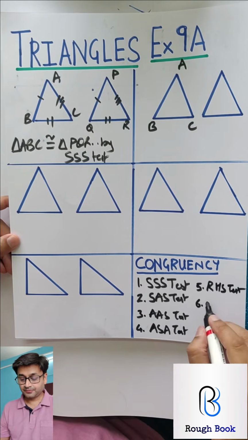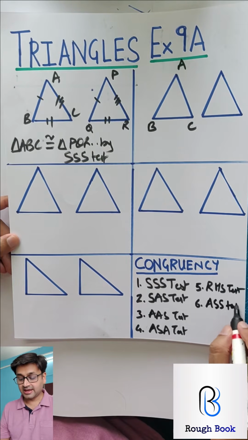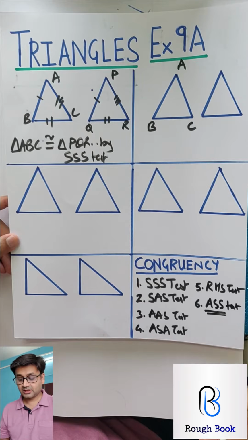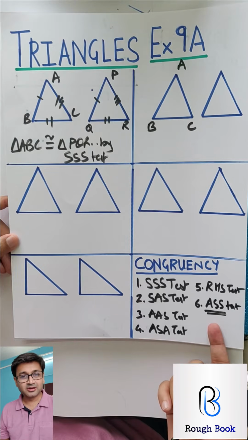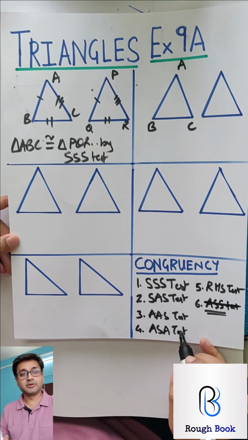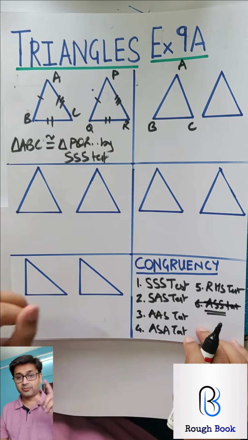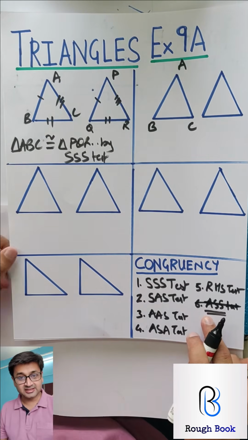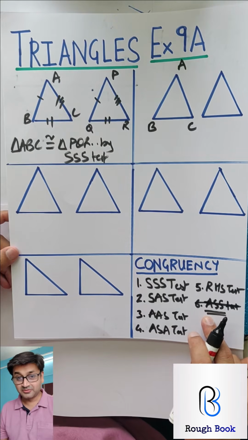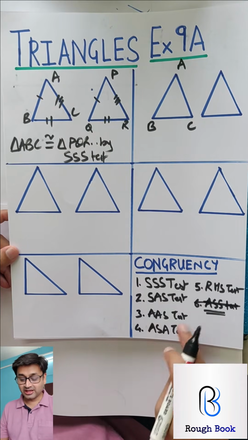And the sixth one is ASS, 2 sides and 1 angle. The name itself looks a little bit weird, right? This test is not applicable. Why? I will tell you that later, but this is not applicable. So at any point of time if you are using the ASS test, you know what it means. So please don't use it. You can use any of these 5.